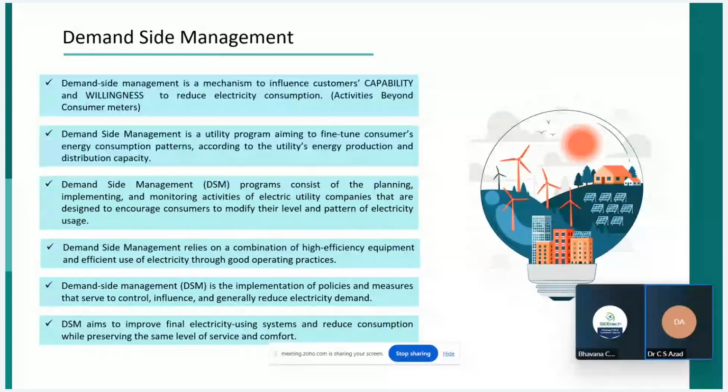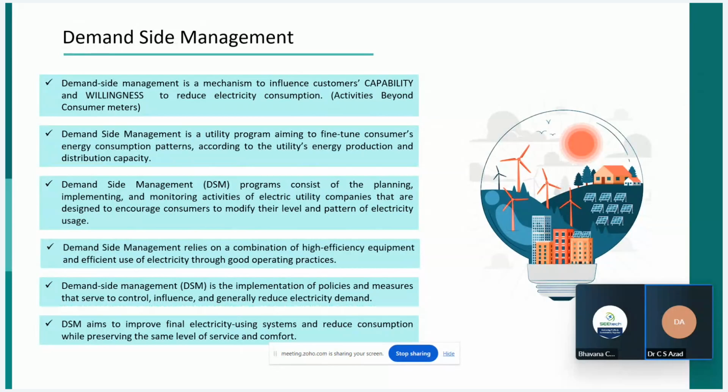DSM aims to improve the final electricity using system and reduce consumption while preserving the same level of service and comfort. This is the same as in the case of energy conservation. That means service and comfort should not be compromised. The energy consumption should reduce, but the production level and service level should not be affected.